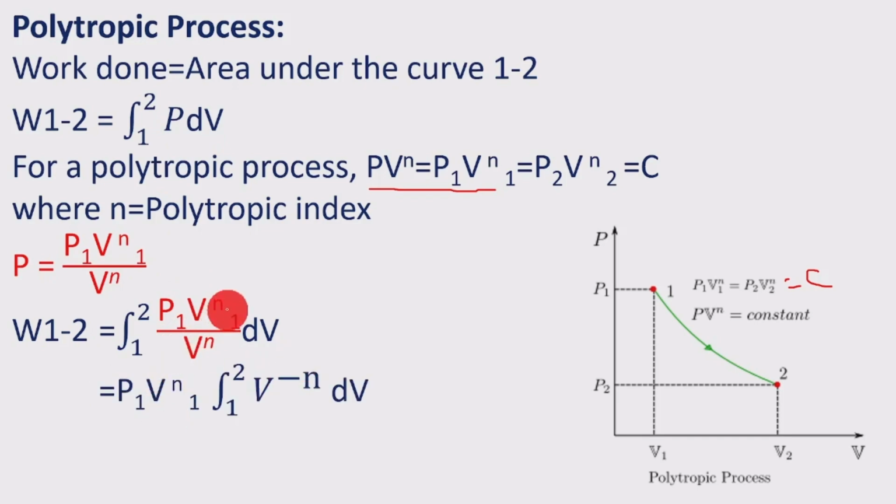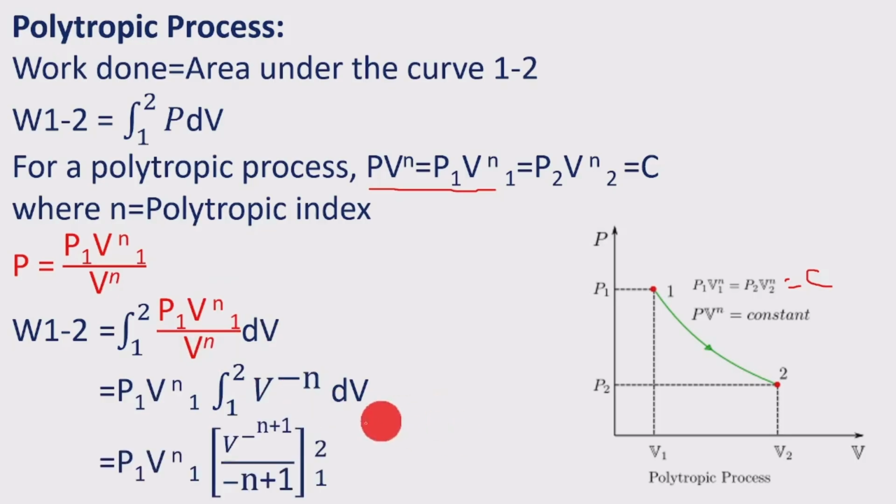Then P1 V1 raised to n is constant, so it is taken outside the integration from 1 to 2, and V raised to n is taken from the denominator to the numerator, becoming V raised to minus n into dV. After the integration, P1 V1 raised to n will be outside, and V raised to minus n becomes V raised to minus n plus 1 by minus n plus 1, over the range 1 to 2.